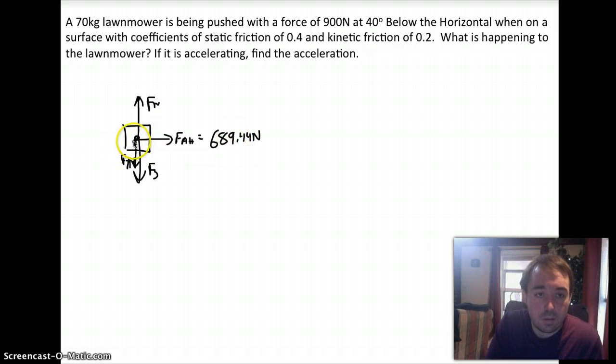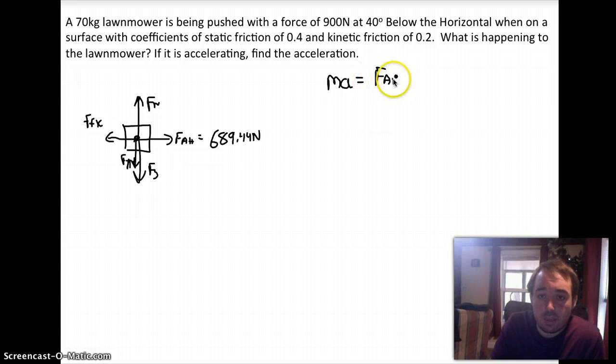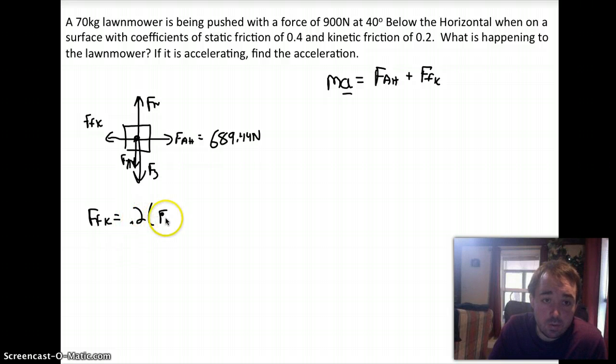We've got to figure out what our force of kinetic friction is to find our net force, because we have to find that net force, mass times acceleration, is FAH plus our FFK. We're going to have a negative here because they're in opposite directions, to find our ultimate acceleration. So FFK, because we're moving, that's why we have to use FFK, is 0.2 times the normal force, 0.2 being the mu k.